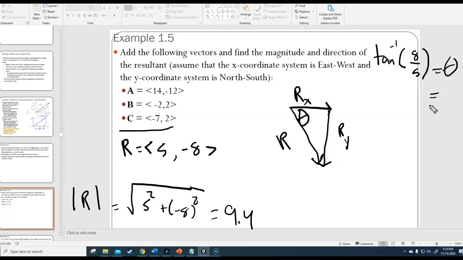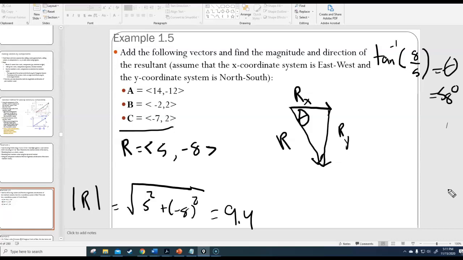Inverse tangent of 8 over 5 is about 58 degrees. And I know that 58 degrees, based on the picture I drew, is 58 degrees south of east. If I did inverse tangent of -8 divided by 5, then I would get -58 degrees. And then people would be asking me what that means, and why is the angle negative, and I would just end up explaining things that are not really important.